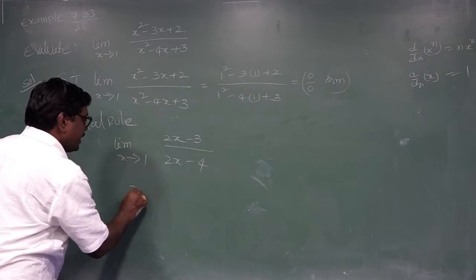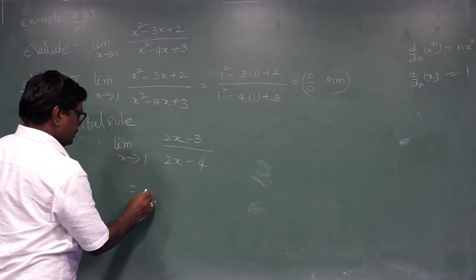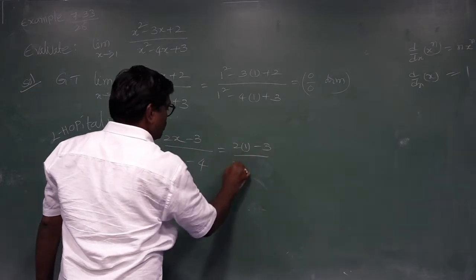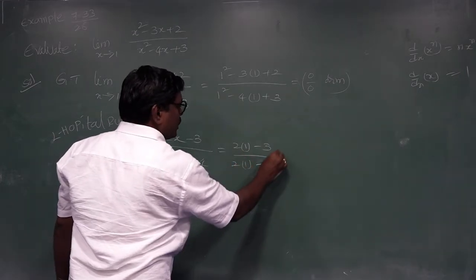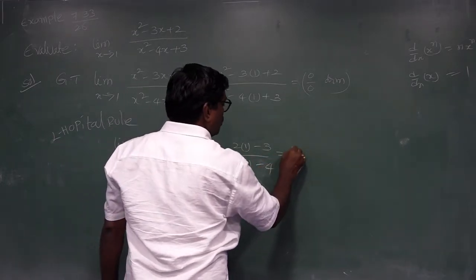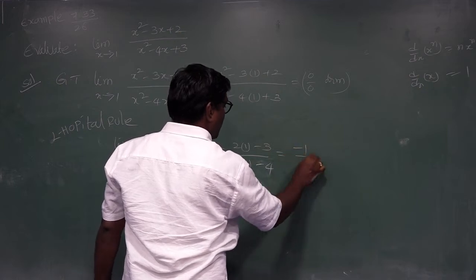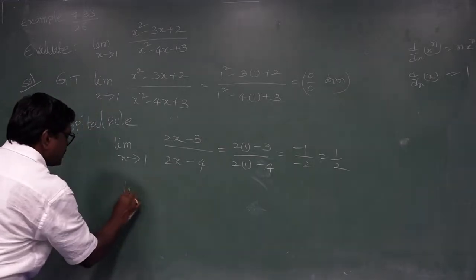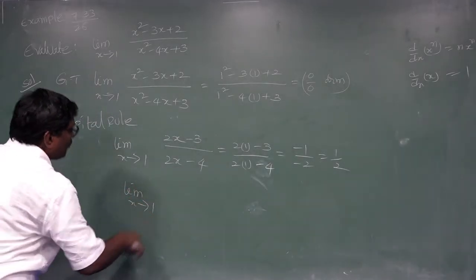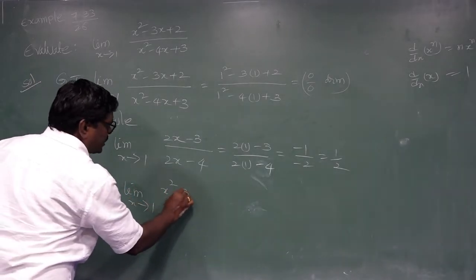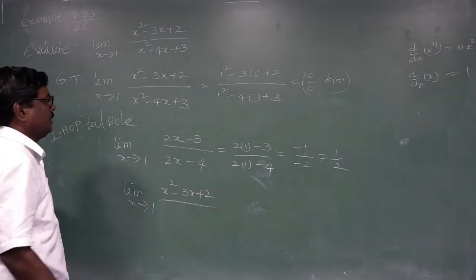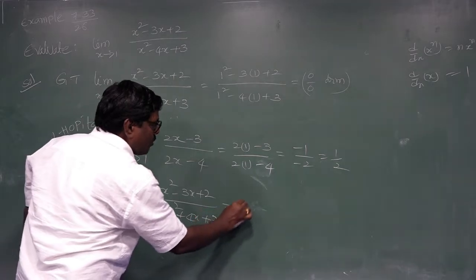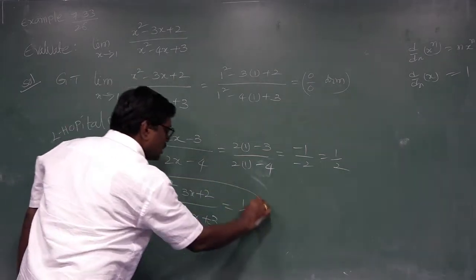Applying the limit: 2 into 1 minus 3 by 2 into 1 minus 4, equal to 2 minus 3 is minus 1, by minus 2, equal to 1 by 2. So the limit as x tends to 1 of (x square minus 3x plus 2) by (x square minus 4x plus 3) equals 1 by 2. This is the answer.